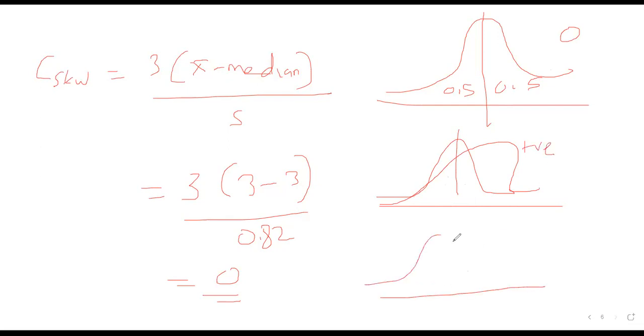If you have a distribution where many people failed, this is a negatively skewed distribution. When you get a 0, we say it is normally distributed. So this is where we end for ungrouped data.